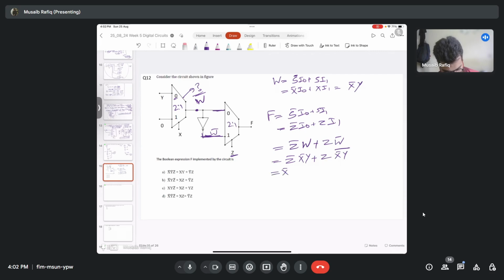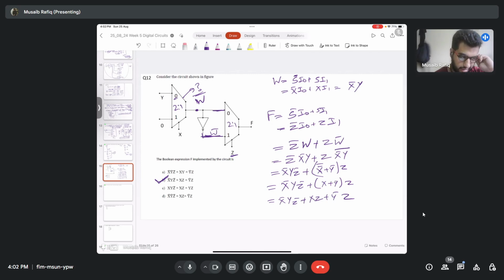So it is x bar y z bar plus z times (x plus y bar). So it is x bar y z bar plus xz plus y bar z. So option B is the correct answer, right?